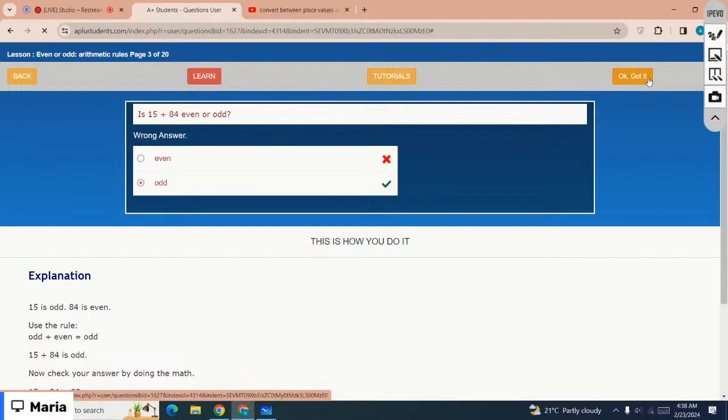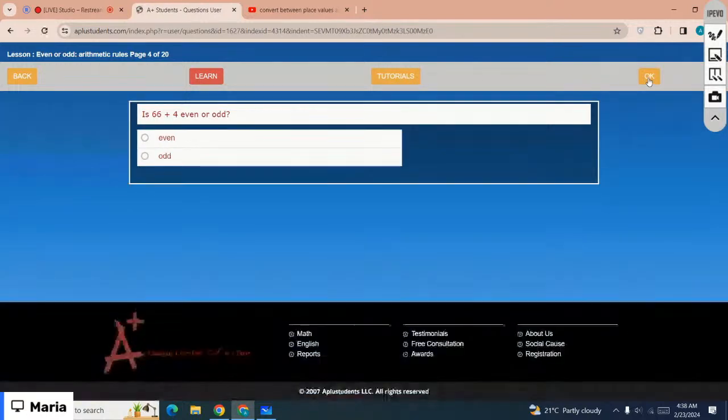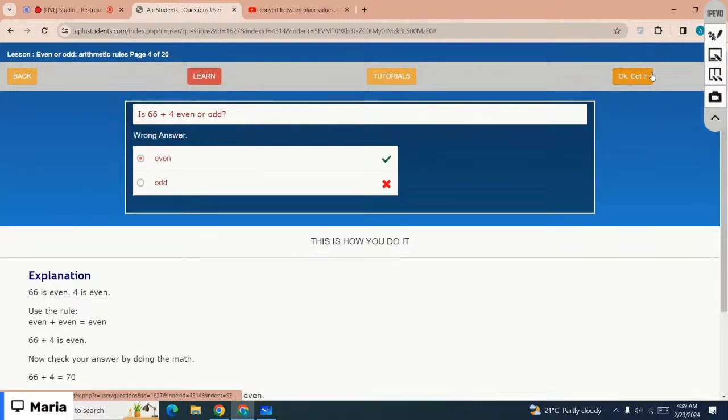Yes, that is odd. Okay, the next one is 66 plus 4, even or odd? Odd it is, right? The correct option is odd because they both are odd, so their sum is also an odd number, right?